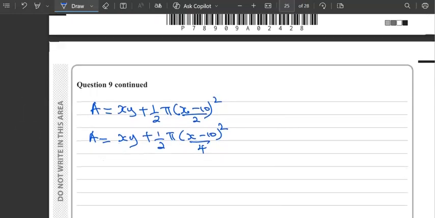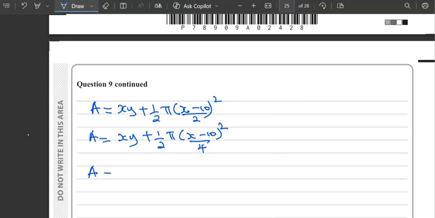So simplifying further, the area will be equal to xy plus, 2 times 4 gives you 8, pi over 8 into (x minus 10) squared. So hence shown, that is part A. We can go ahead and simplify part B.